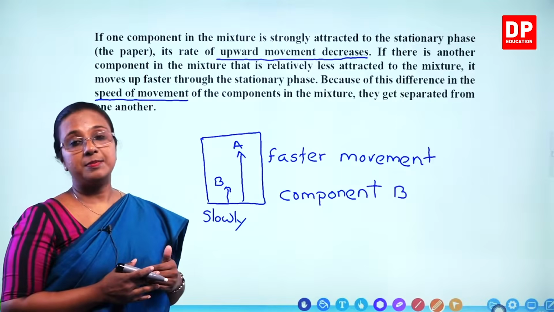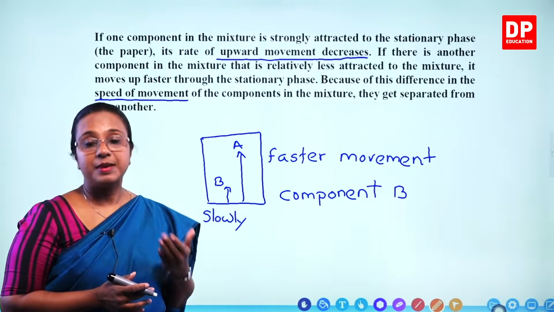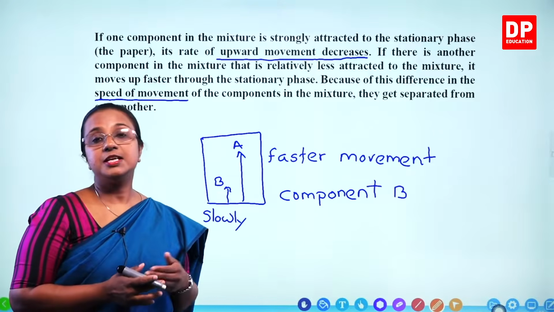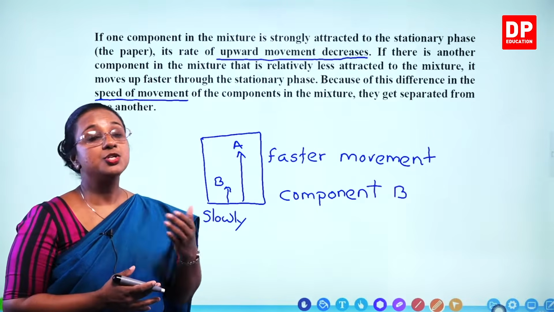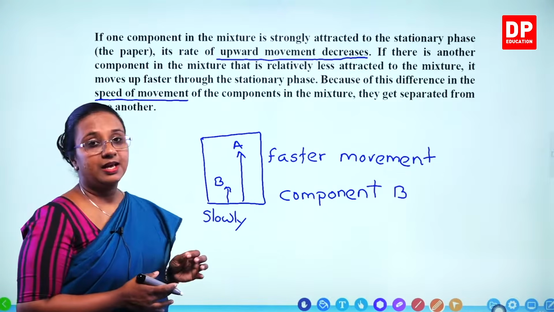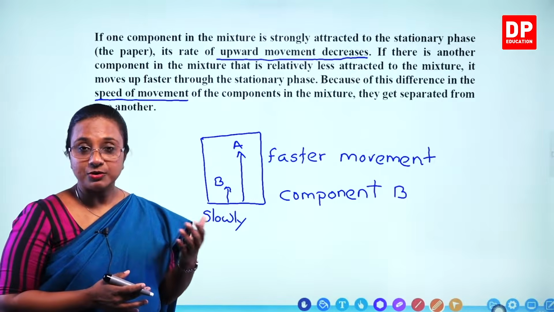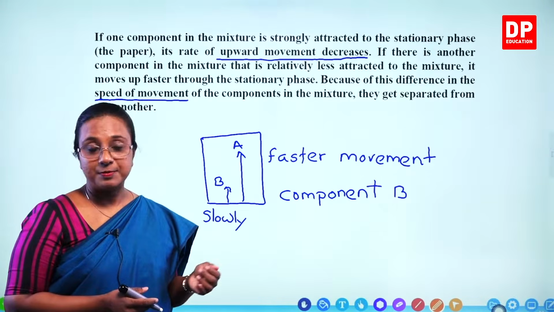Why do we call it paper chromatography? Because the stationary phase is paper. If there was a different stationary phase, then we will give a different name to that chromatographic technique. With that, we will now carry out an activity to observe the technique of paper chromatography.